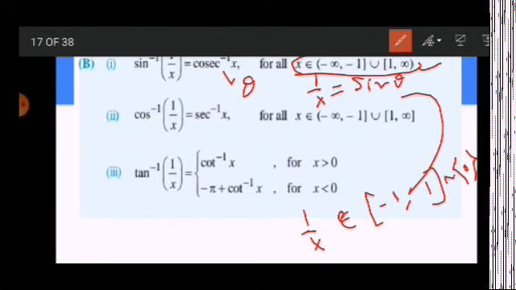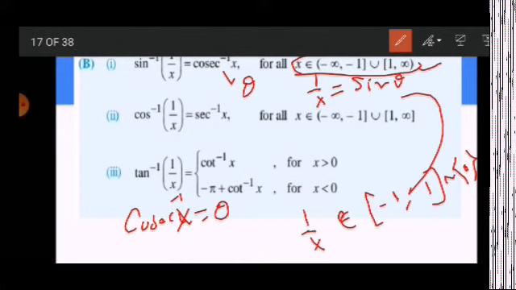So cosec inverse x is theta, and hence theta lies between minus pi by 2 to plus pi by 2, difference 0. Corresponding to this theta from minus pi by 2 to plus pi by 2, sine theta equals 1 by x.